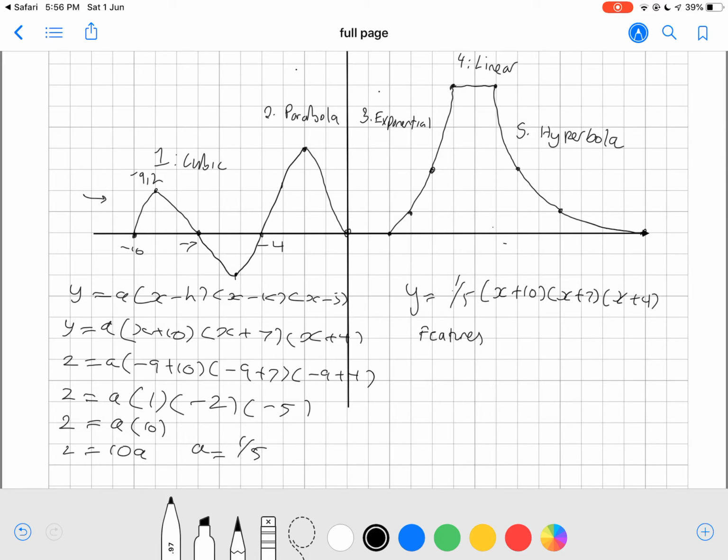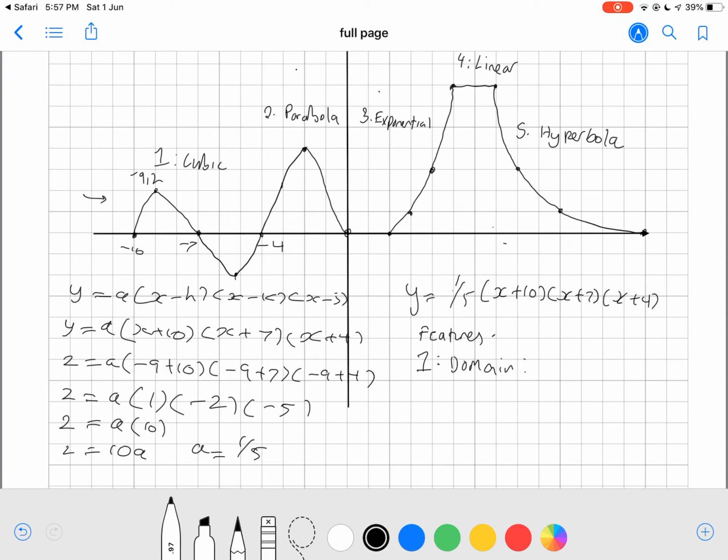Number one, domain. That's for what x values does the graph exist. As you can see, the graph starts at -10 and ends at -4. After -4, as x is greater than -4, that's where our parabola starts.